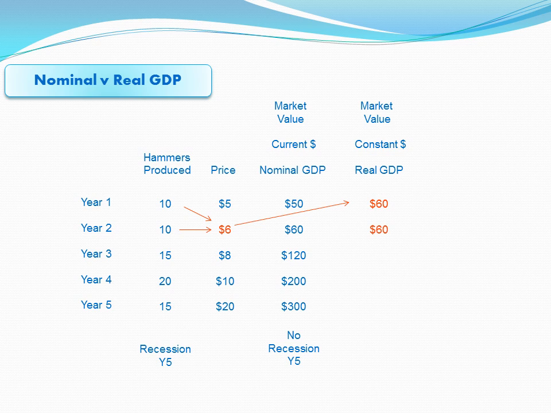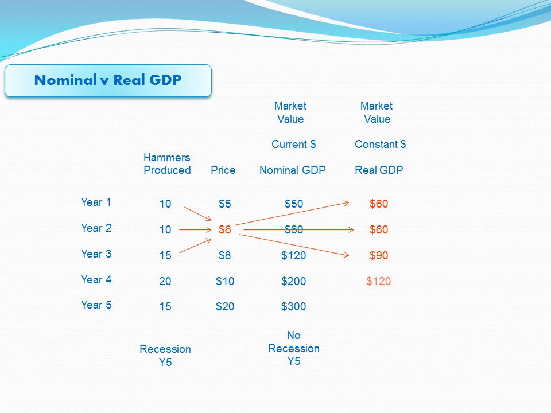GDP in year 2 in real terms, that is measured in year 2 prices, is $60. So now by holding price constant we can see that our GDP measure, our real GDP measure, is reflecting the underlying real economic activity. Take year 3, 15 hammers times $6, and we have a real GDP, or a GDP in what we call constant dollars, because we're holding the dollars the same, is 90.